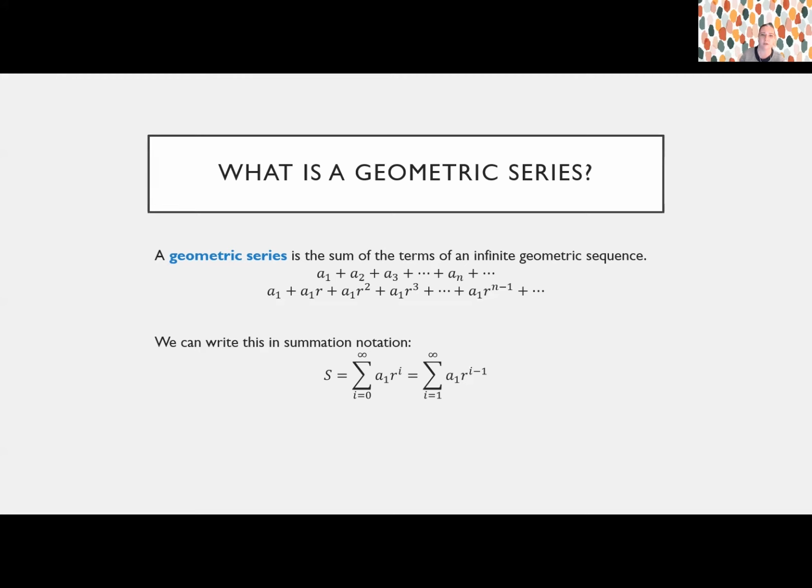And so that allows us to write this in summation notation. We use S to represent the sum. So we've got the sum from starting at 0 to infinity of A1R to the I. Or if you start counting at 1 instead of 0, you have to modify the formula slightly so that it's I minus 1 in the exponent.